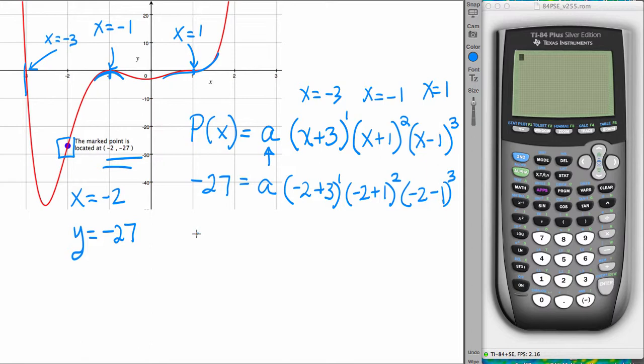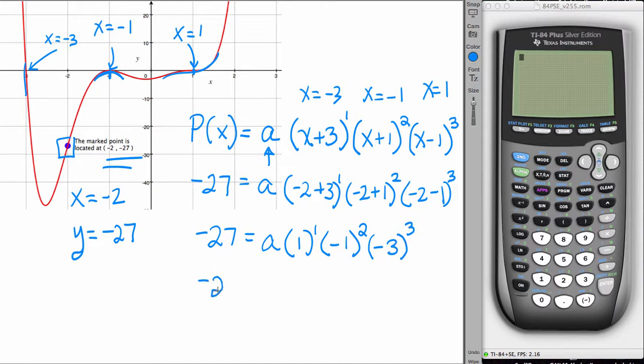So we have -27 equals a, and -2 plus 3 is 1, 1 to the first. -2 plus 1 is -1, -1 will be squared, and -2 minus 1 is -3, -3 will be cubed.